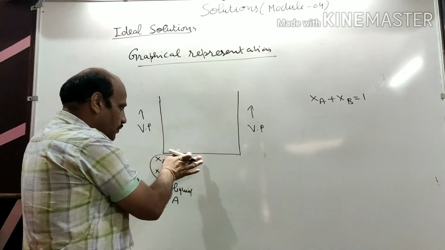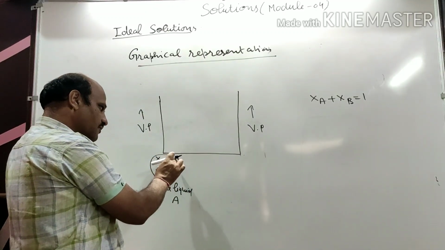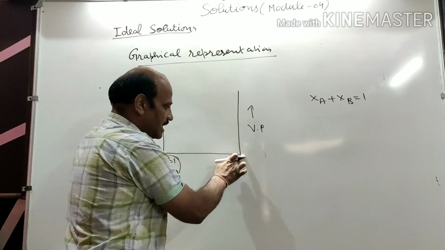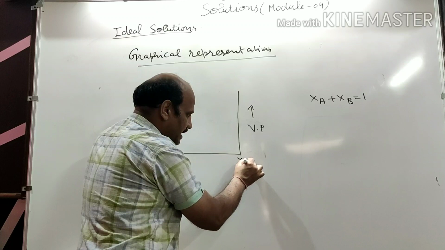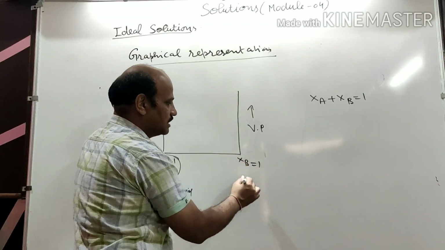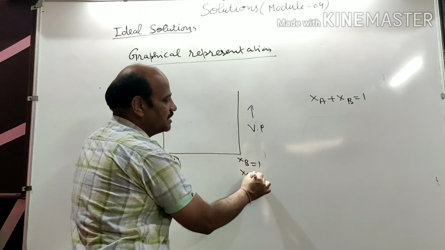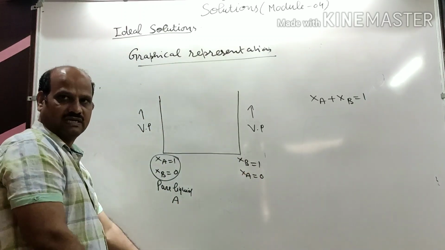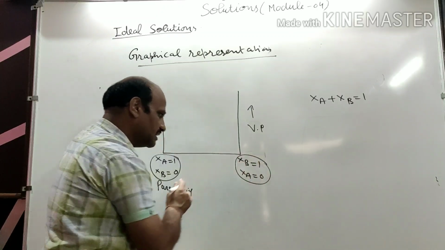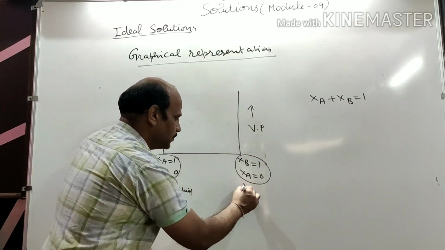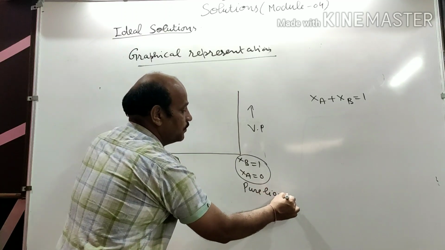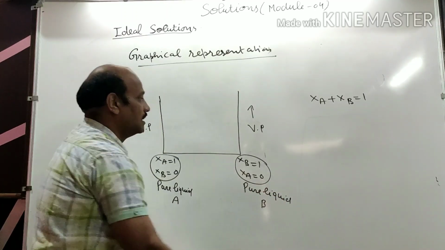Now, if we move here, we decrease the value of XA and we increase the value of XB. And here, we can write XB is equal to 1. In such case, XA will be 0. Clear? Only one component is present here, that is also pure. This is pure liquid B.